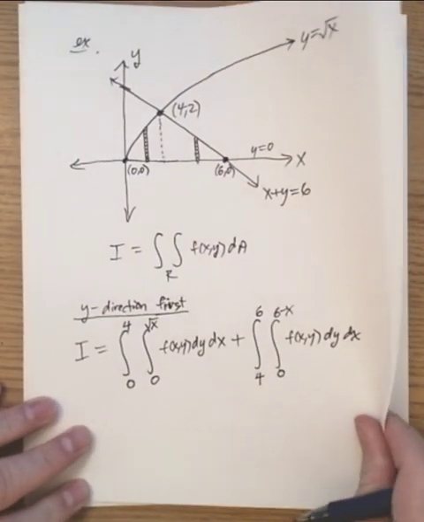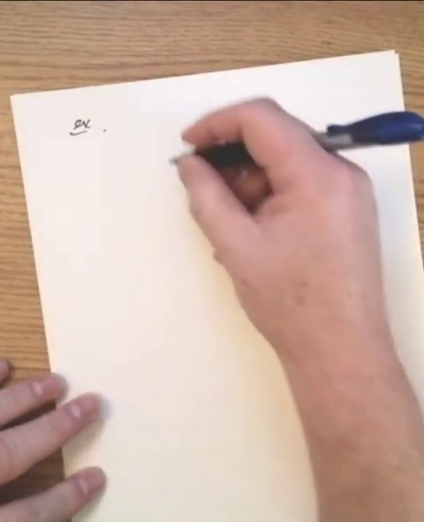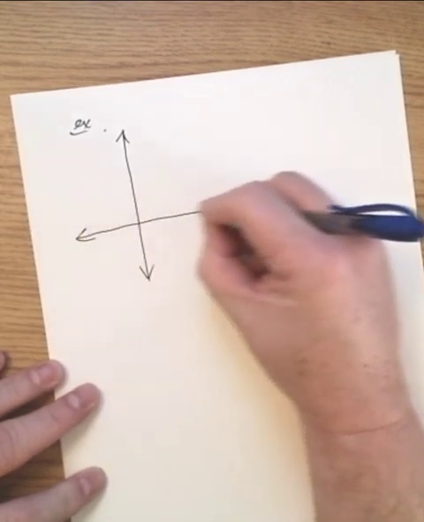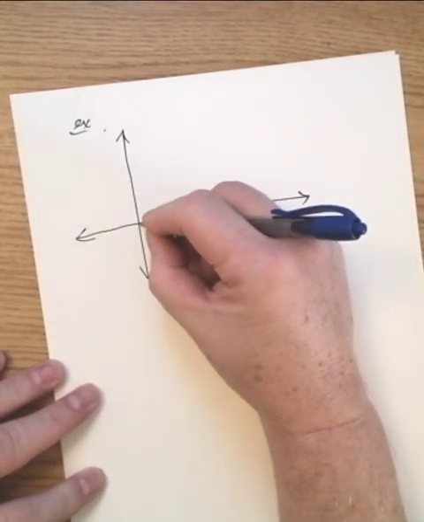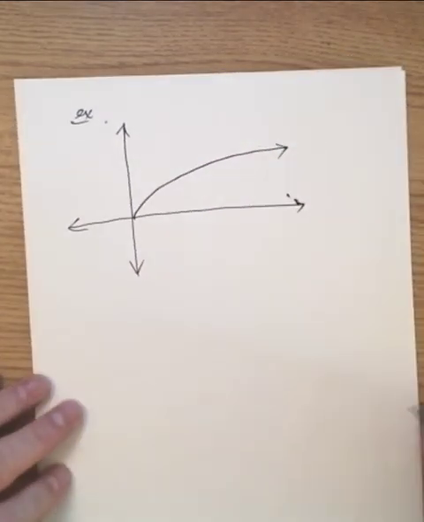And maybe let me go through this again. So there's the y direction first. I'm going to redraw this because it looks kind of lousy, kind of bothering me. Let's go ahead and draw it again for your convenience. This should have a lot more tilt to it that way.